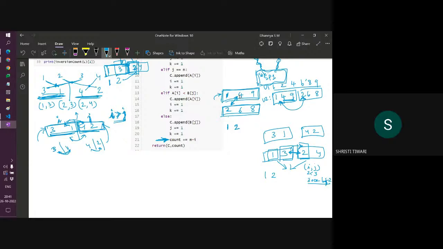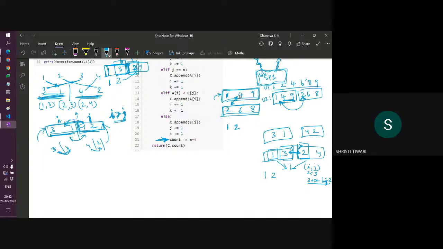So, ma'am, here you are trying to say that merge sort also is an example of inversion. No. Merge sort is not an example of inversion. We are making use of the merge sort algorithm to count the inversions. So, ma'am, here 1, 3 and 2, 4 are the two lists, and here 3 occurs before 2.